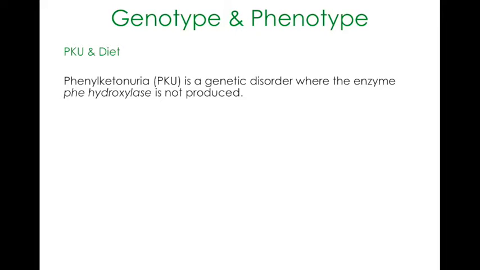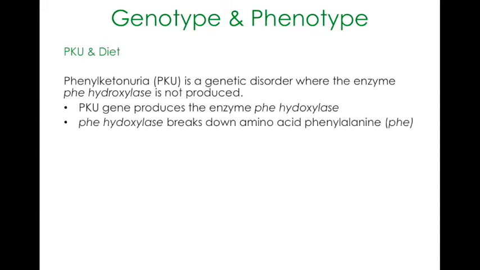Okay, so PKU stands for phenylketonuria. It's a genetic disorder where the enzyme PHE hydroxylase is not produced. Now, the PKU is the gene that produces the enzyme hydroxylase. Okay. The hydroxylase breaks down a particular amino acid called phenylalanine, PHE.